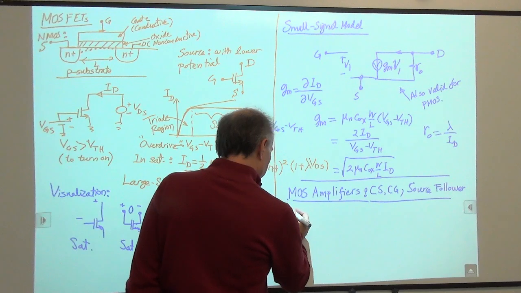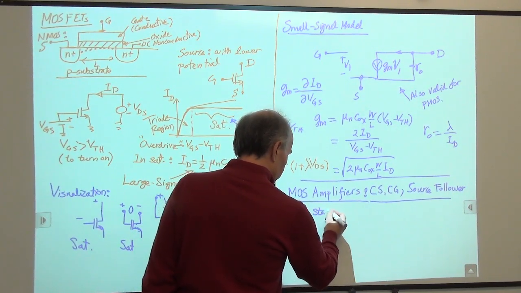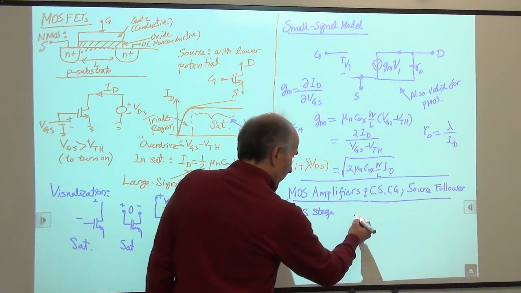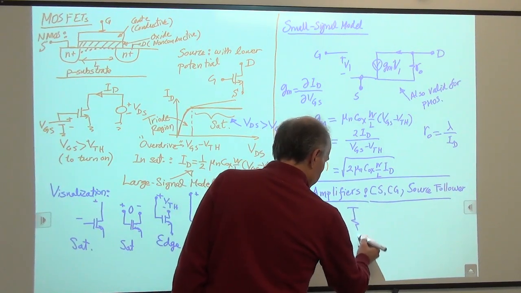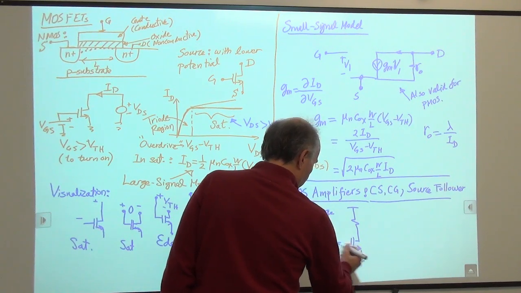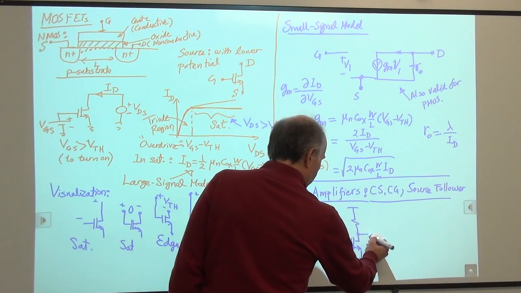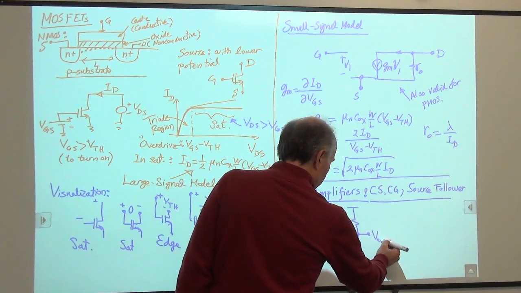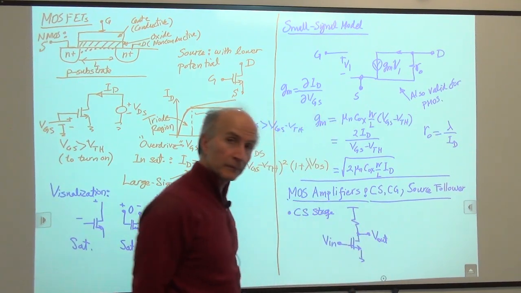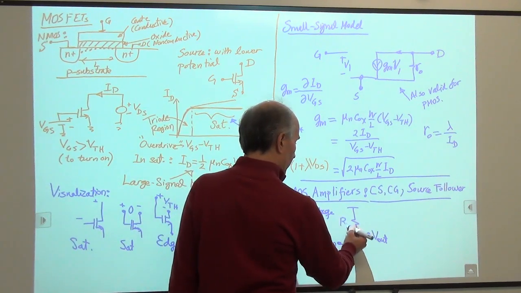Okay, so we start with the CS stage. And here's how it goes. The input goes to the gate of the device. The output comes out of the drain of the device. And we call this resistor RD, the drain resistor.